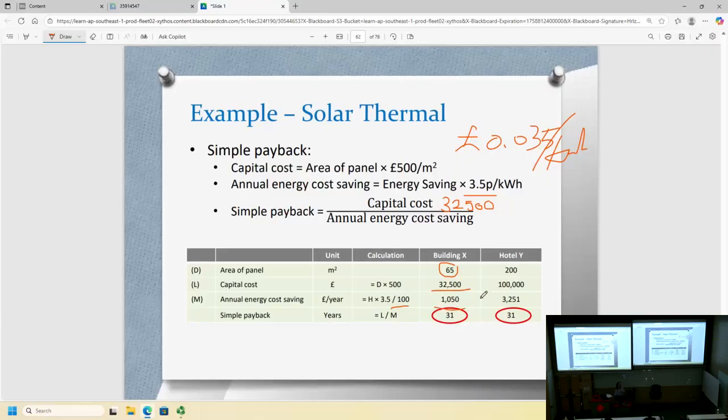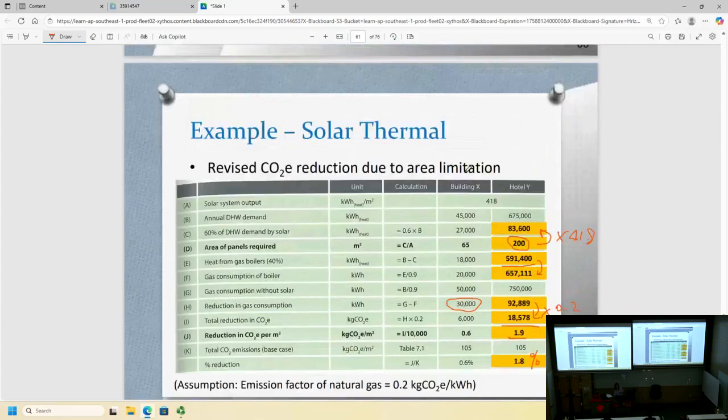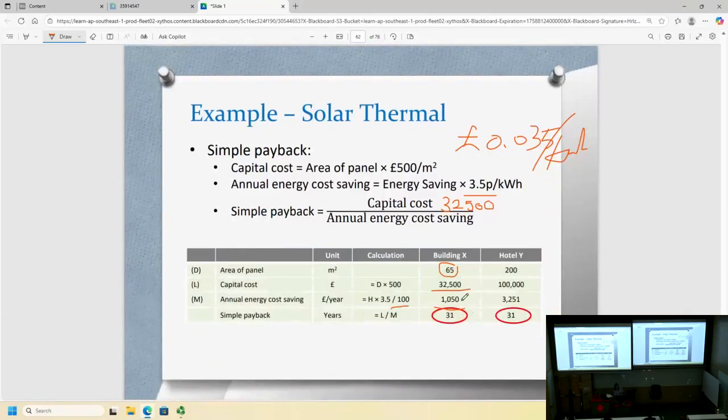So we have the money saved by the natural gas consumption reduction, right? So for building X, we can save 30,000 kilowatt hour of gas or save 1,050 pounds a year. So capital cost divided by the annual saving in energy, we have the simple payback period, which is 31 years.